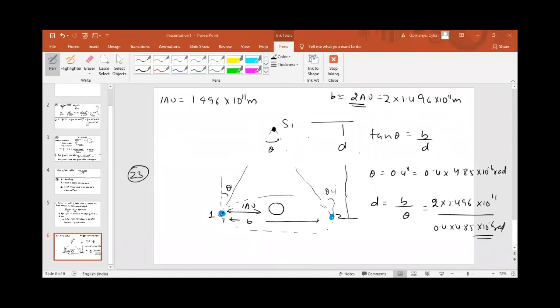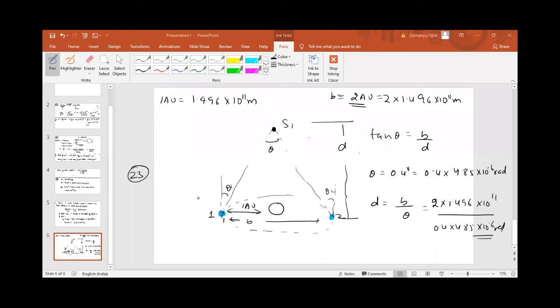After the span of 6 months we reached here, then again we observed this star. So we found how much angle it has subtended. It has subtended an angle of theta before 6 months and after 6 months. So this theta is the angle subtended on the star.